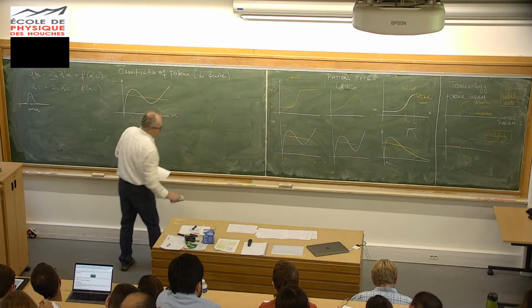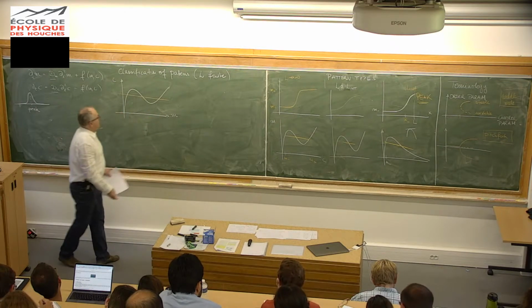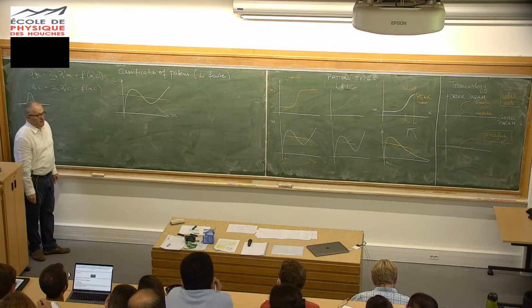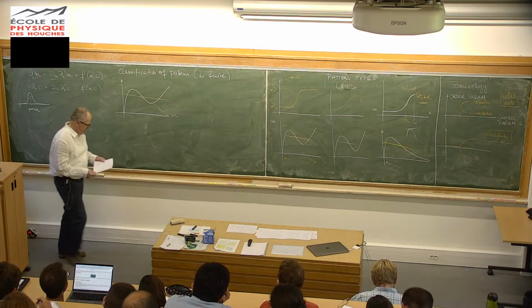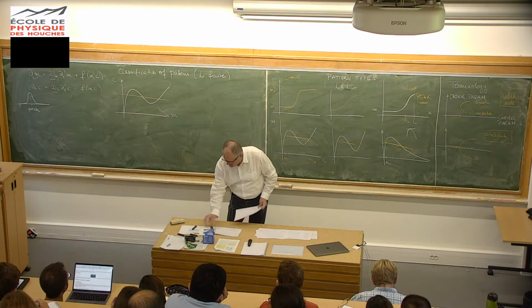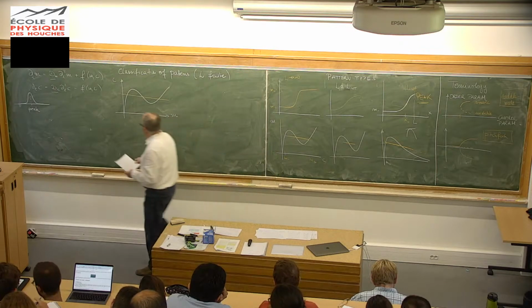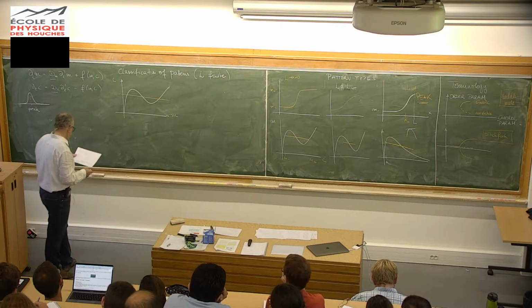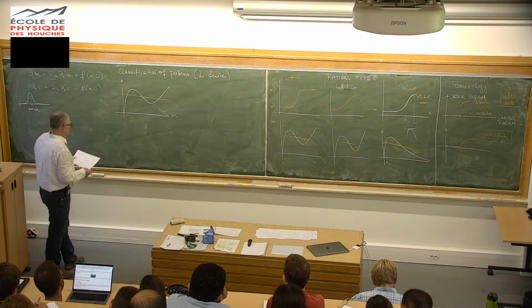Okay, I need this space here. All right. Now I would like to argue, when do patterns exist and when don't they exist? And before I do so, I need to have some side calculation.